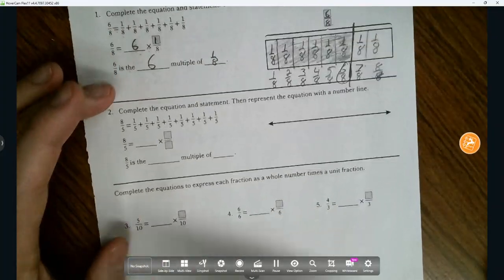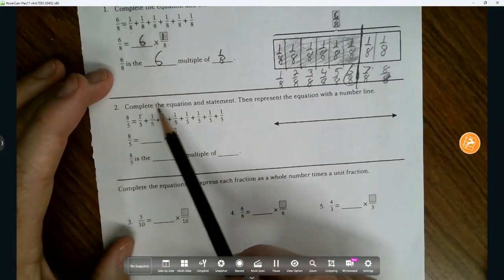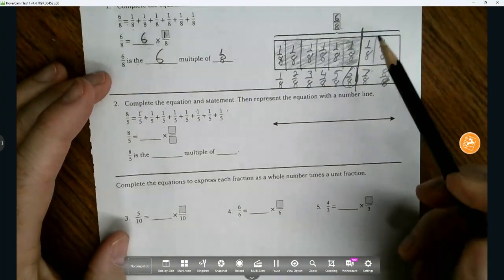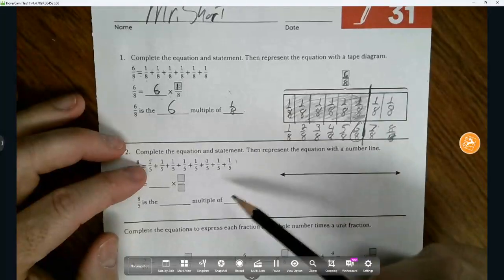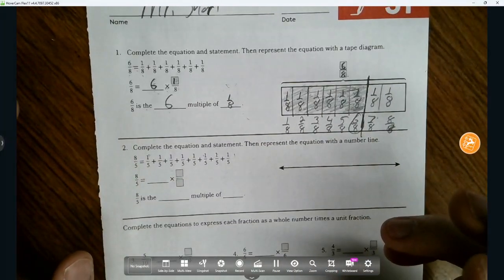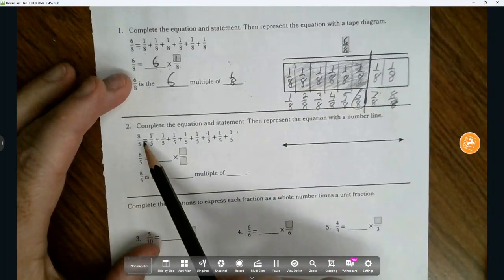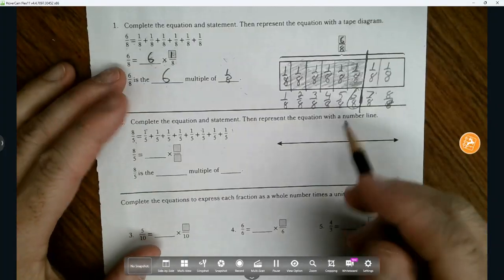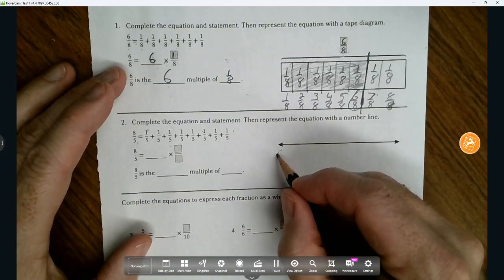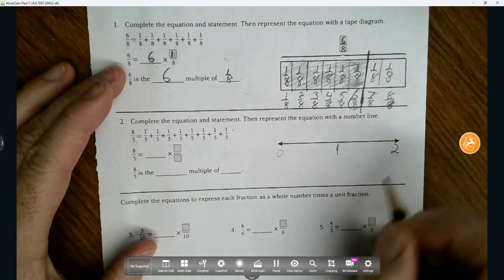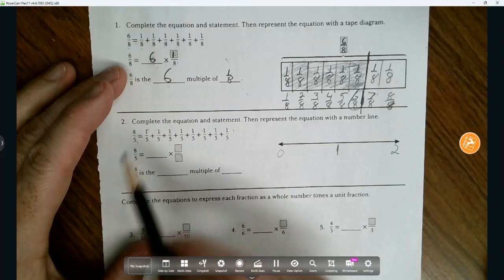Down here it says complete the equation and statement, then represent the equation with the number line. Same thing you just did up here, except we're using fifths. Watch with this one though, because we have 8/5. So when you do our number line, you're going to start here at 0. 1 is going to be in the middle, and 2 is going to be right here because 8 is bigger than 5.